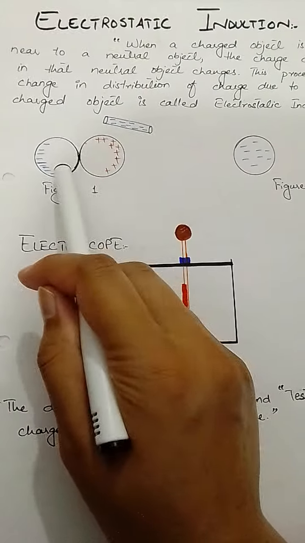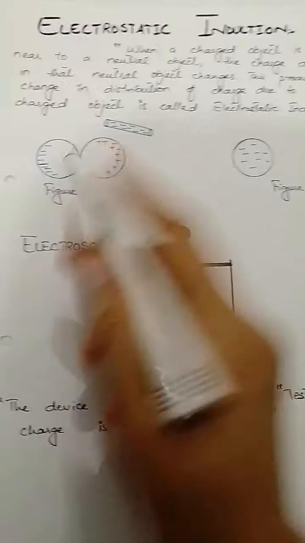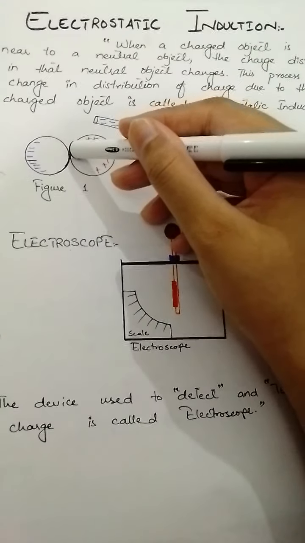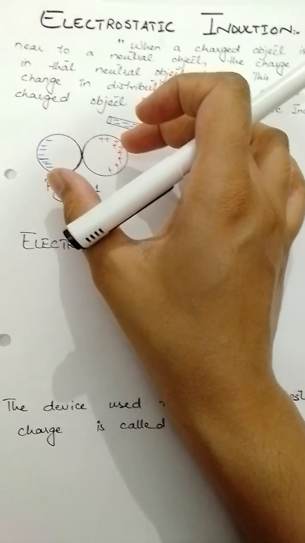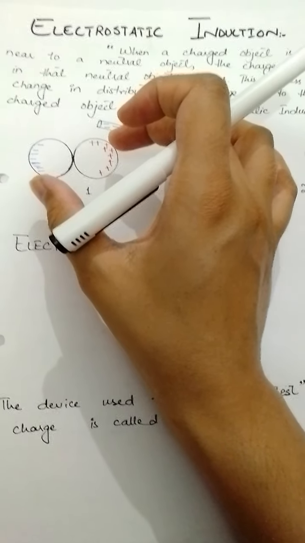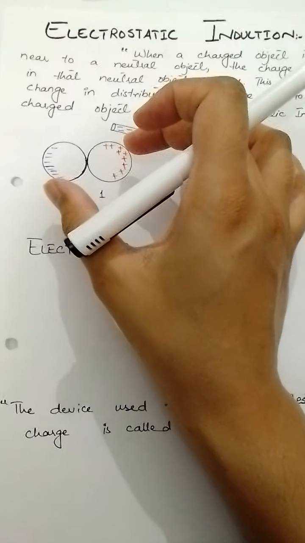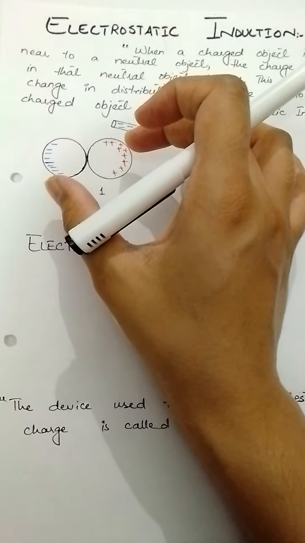So what happens is that when I bring this rubber rod close to these metallic balls, remember that these metallic balls are in contact with each other, they're touching each other. So they can be treated electrically as one object because they are in contact with each other.